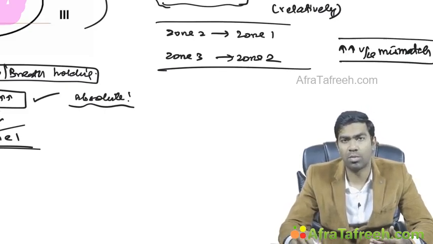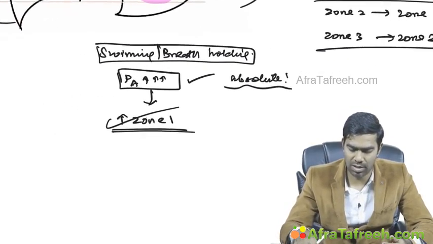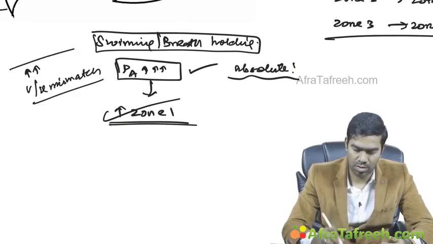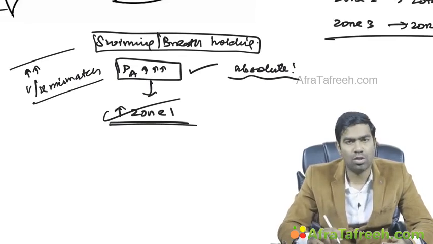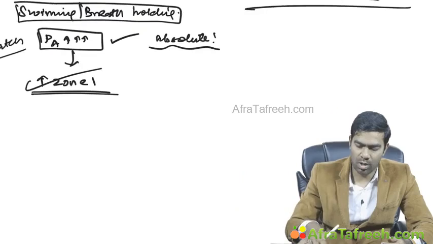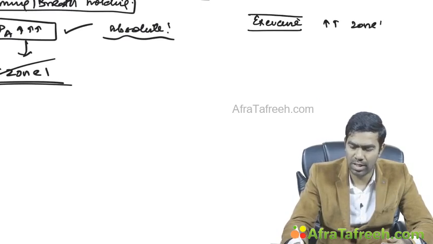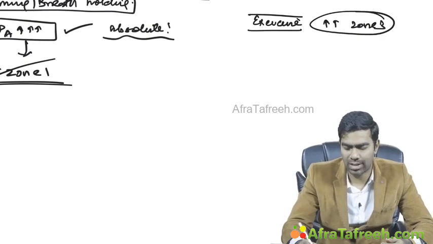Clear? Because you are producing more and more VQ mismatch. Similarly, swimming and breath holding increase the VQ mismatch because I'm producing more of zone 1.